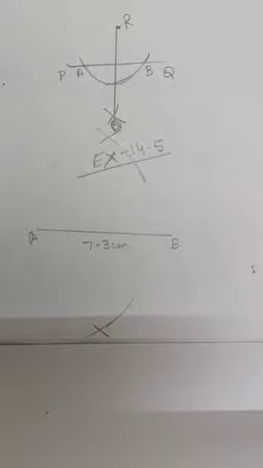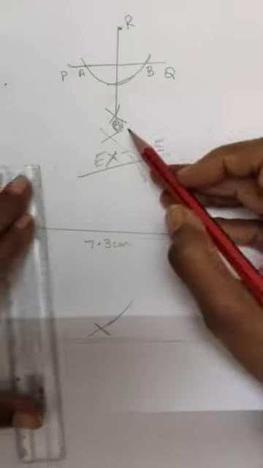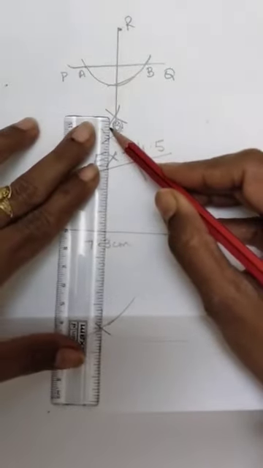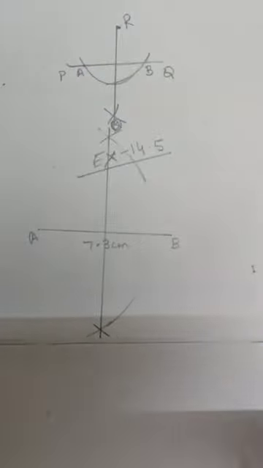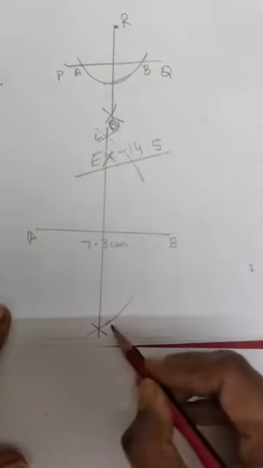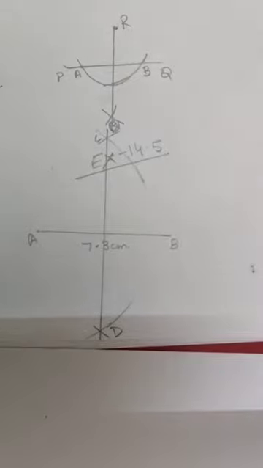Okay. Now join these 2 points. Like this. Give them names C, D. So join CD. CD is the axis of symmetry of the line segment AB.